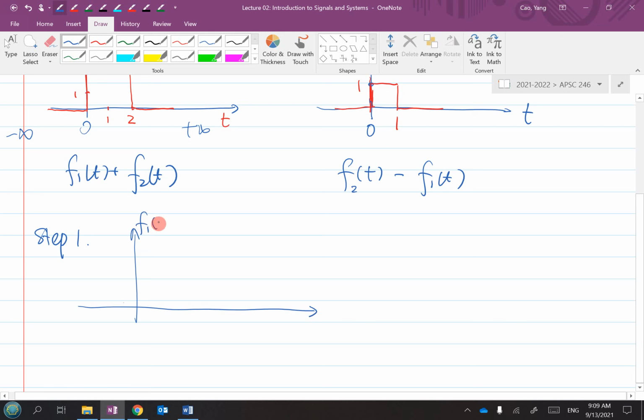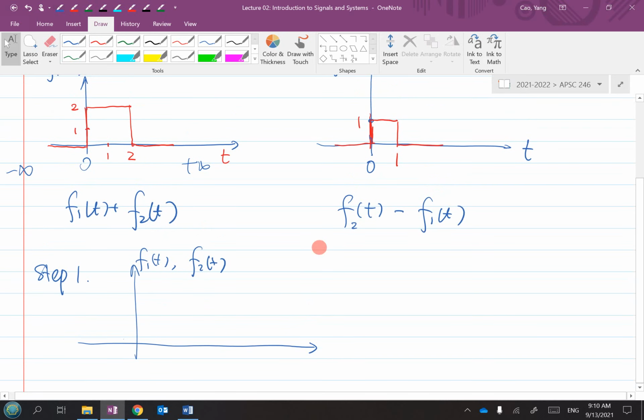You don't have to label, but basically now you're going to draw both of them in the same system, right? Make sure you draw them not precisely, but up to a similar scale. So for example, if this is 2 here, and this is 1 here, they need to be in the same range.